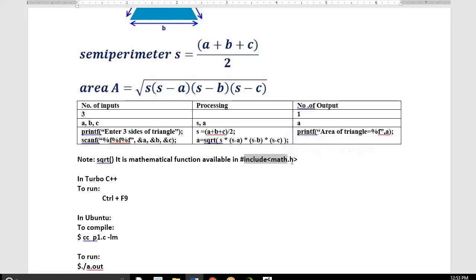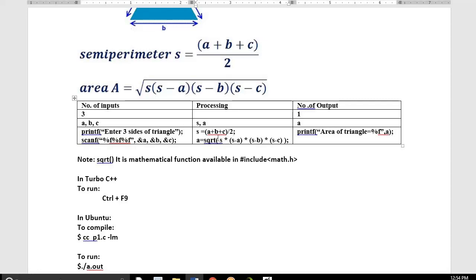Only if you add this header file are you able to use the square root function. Otherwise you cannot use it. That's why to write this program we include this header file. Here the square root starts and here the square root completes. Square root of what? S into. Into means the multiplication sign. Square root of S into (S minus A), (S minus B), (S minus C).